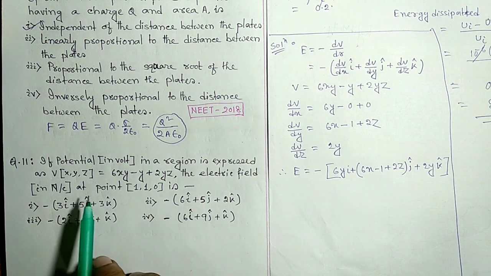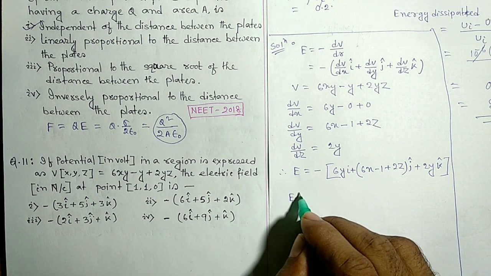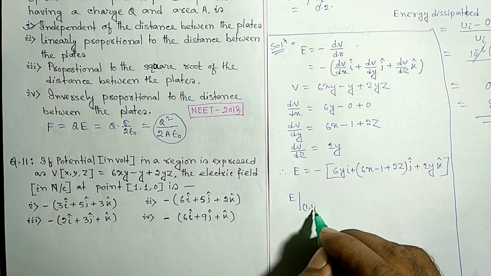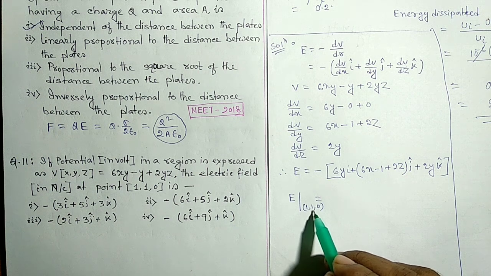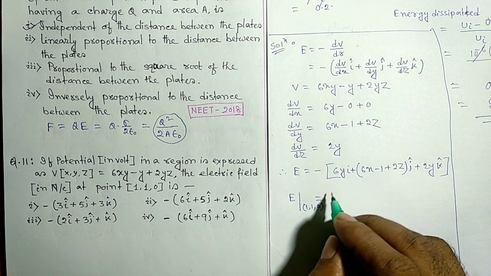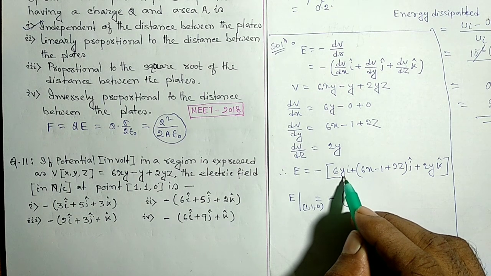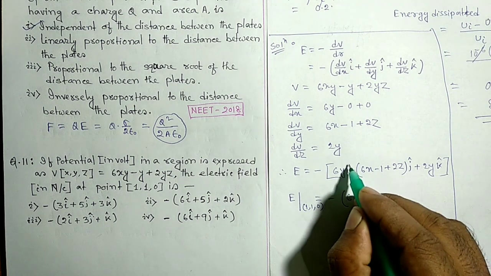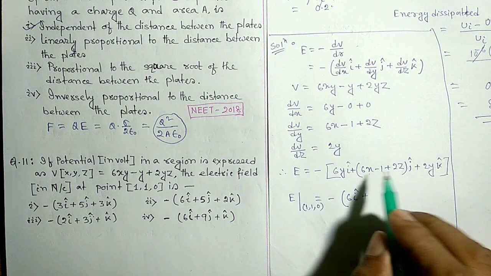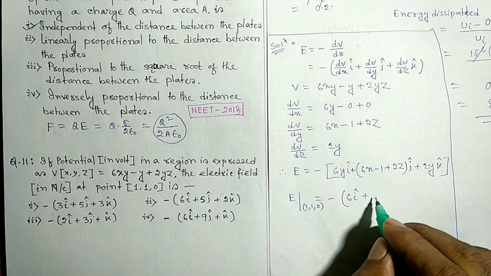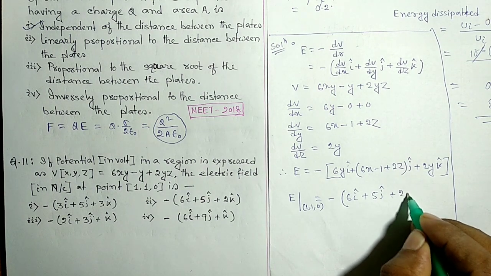Now we have to find the electric field at point (1, 1, 0). So E at point (1, 1, 0), where x is equal to 1, y is equal to 1, z is equal to 0, is equal to minus of, this is y, so its value is 1, so 6 i, plus this is x 1, z 0, so 6 minus 1, that is 5 j cap, plus y is 1, so 2 k cap.